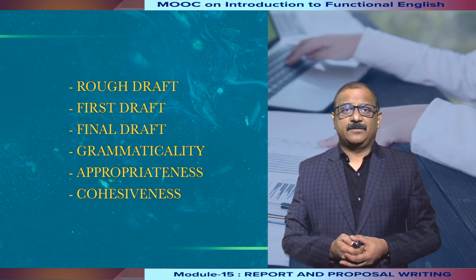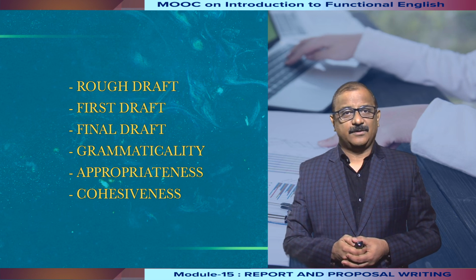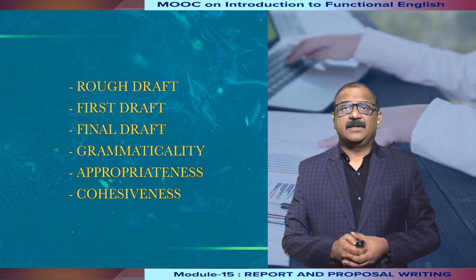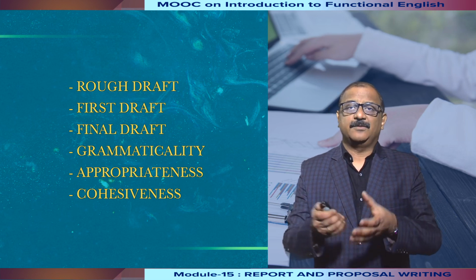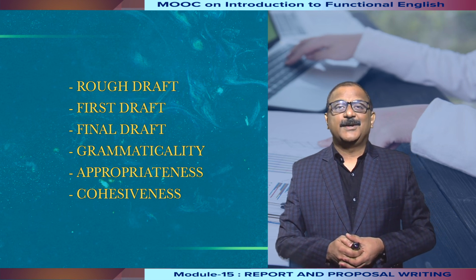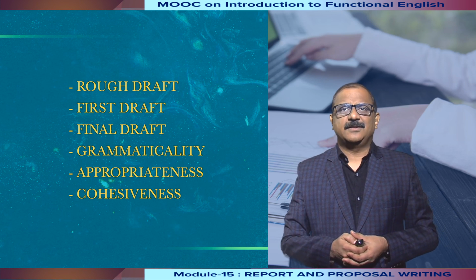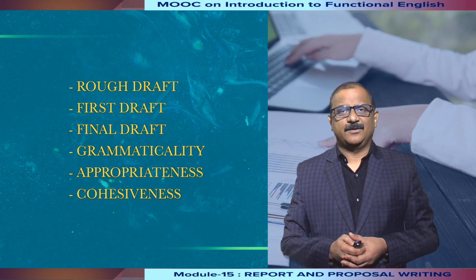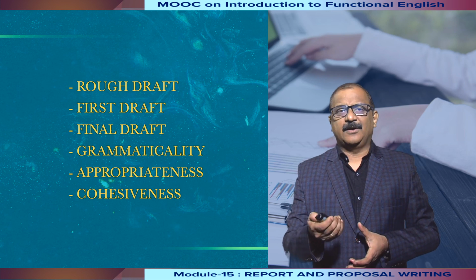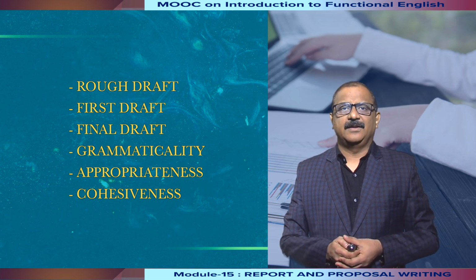It might be a government official, it might be your boss in office, or in case of academics, you might be handing it over to the head of the department or head of the institution. And as part of editing, of course, other things like grammar, spelling, etc., without saying, are always part of that, right?